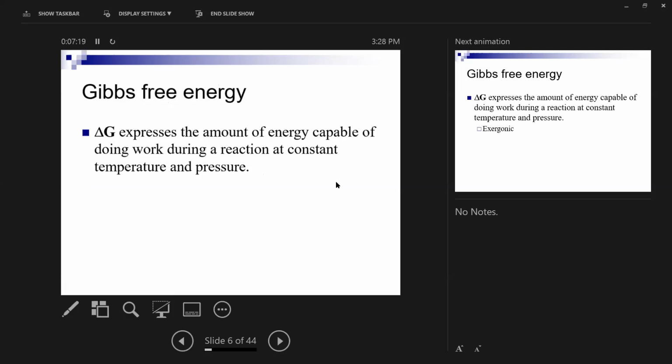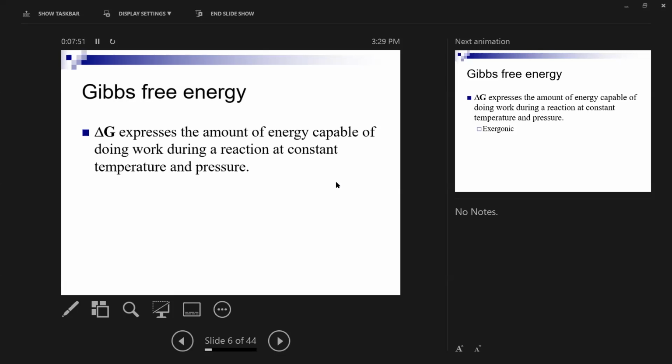So Gibbs free energy, very simply, refers to the amount of work that can be done during some sort of reaction. You might think of a reaction just as A goes to B, but a reaction could also be A is outside the cell and then is moved inside the cell. That could be a reaction too. So try to broaden your perspective of reaction.